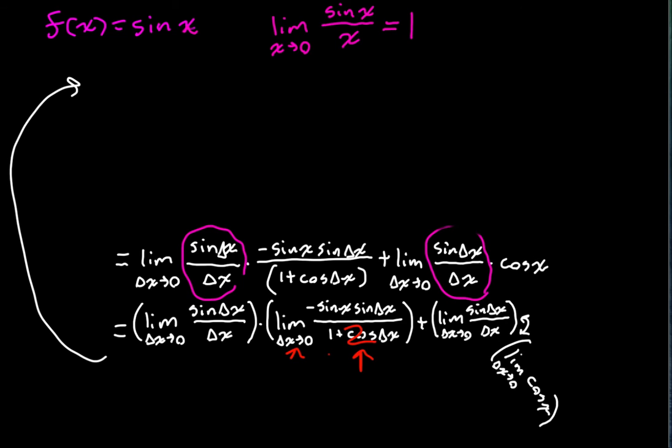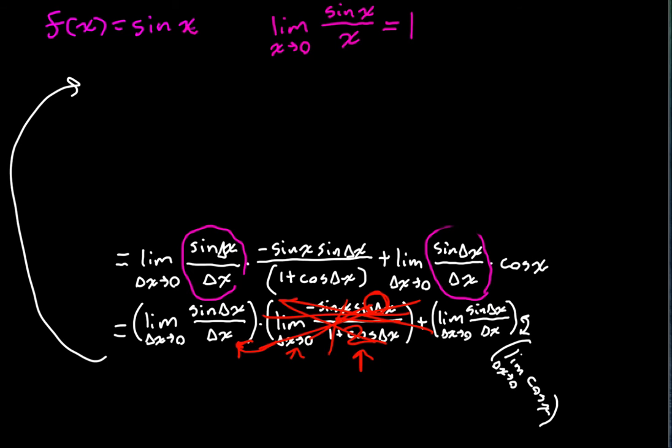And negative sine of x times sine of delta x, as delta x goes to 0, this goes to 0, so this whole thing turns out to be 0 divided by 2, or 0. So this will cancel out to be just 0. And is that okay? Because if we're dividing 0 by 0, then we might have issues there. So what is this going to be?